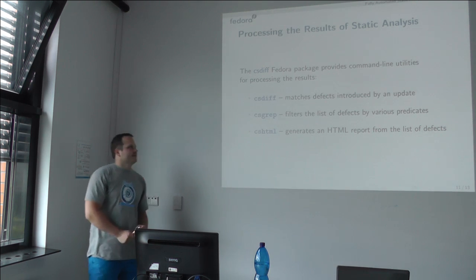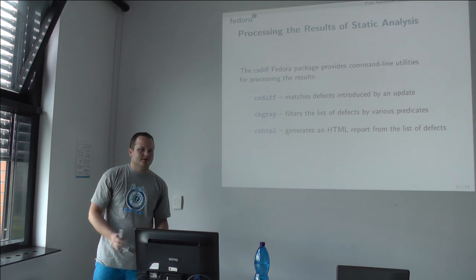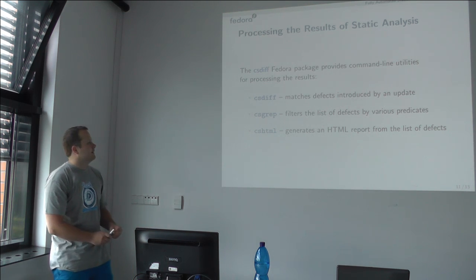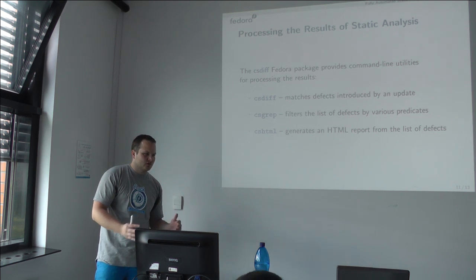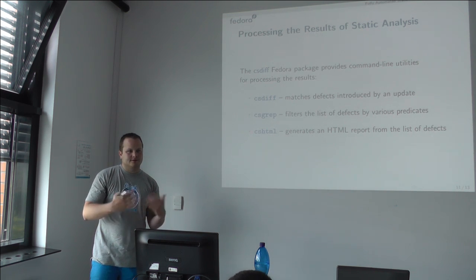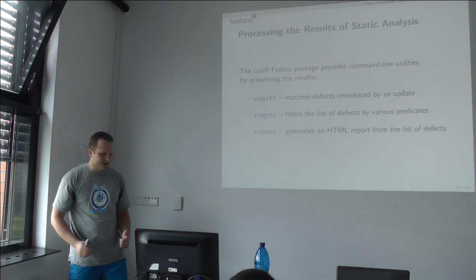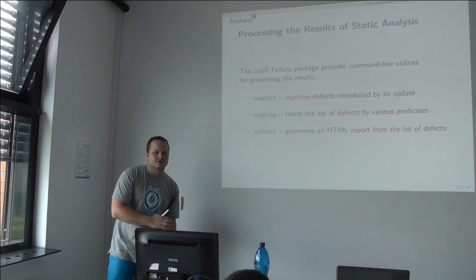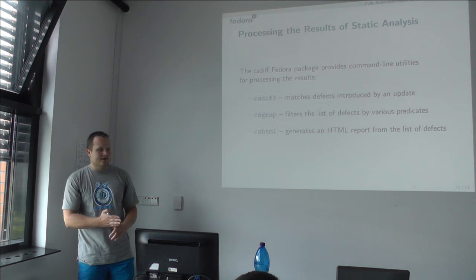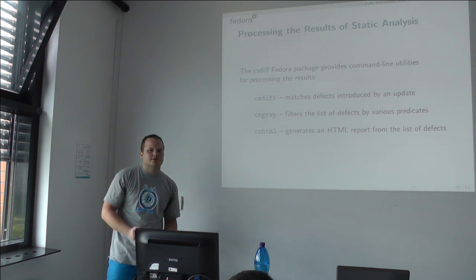As I said, we have some tools for processing the results in the formats we support. It is the CSDiff utility, which acts like the diff utility, but for the formats we support. So we can either get the list of defects introduced in the new version of a package, or we can get the list of fixed defects in the new version of a package.